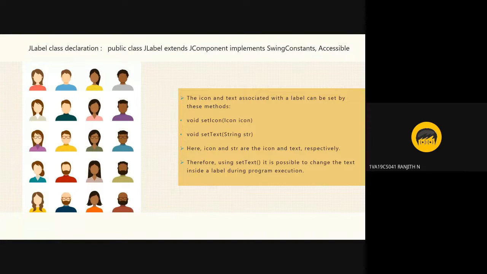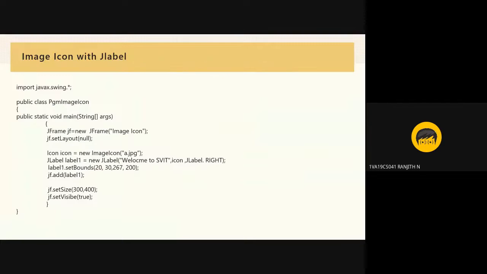As Bharat mentioned, the Swing related classes are contained in a package called javax.swing. I have used import javax.swing in my program, and the public class I have used is program image icon, and public static void main(String[] args) is the Java main method.